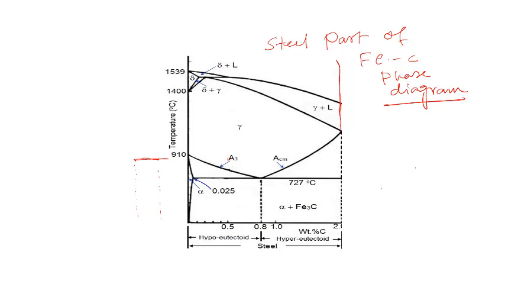So, here is another thing that by now you would have noticed: this phase is always coming, and it is also forming the boundary of the entire iron carbon diagram that we have seen so far, right. It is like a component being present in the system, like the B component of the phase diagram.